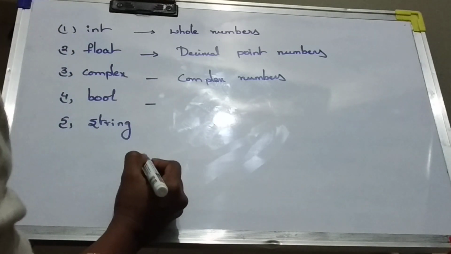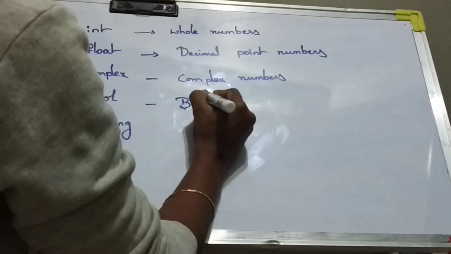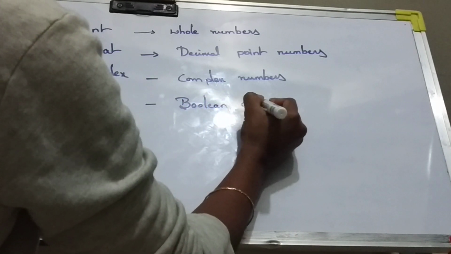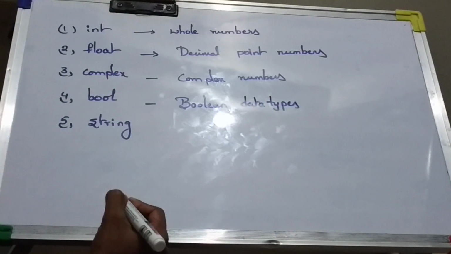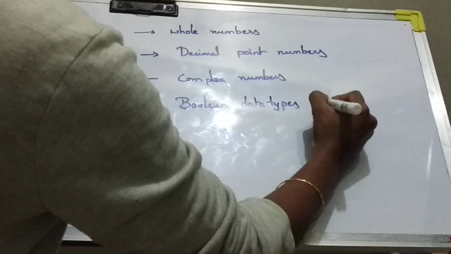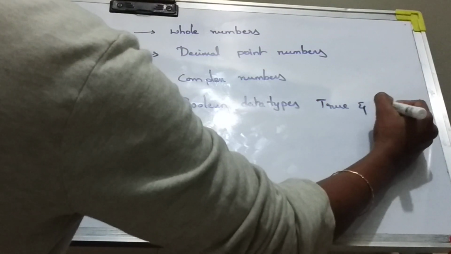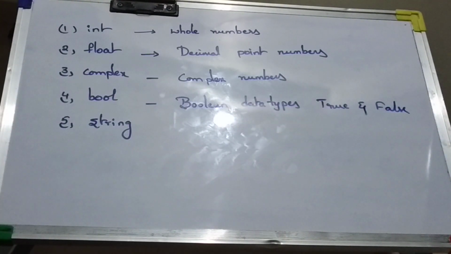Bool is a Boolean data type. It has two values, true and false. What is string?